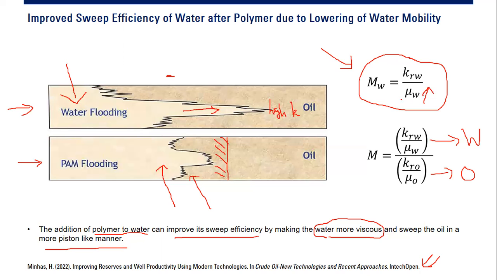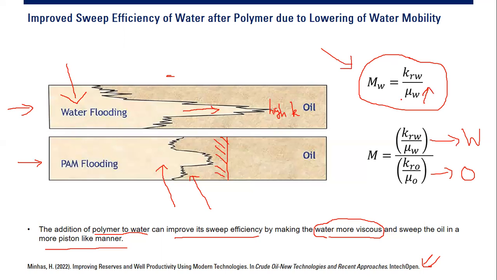Okay, so you modify the viscosity, you modify the injected fluid. How? By adding polymer which has higher viscosity into your injected water. That's how you improve the viscosity.